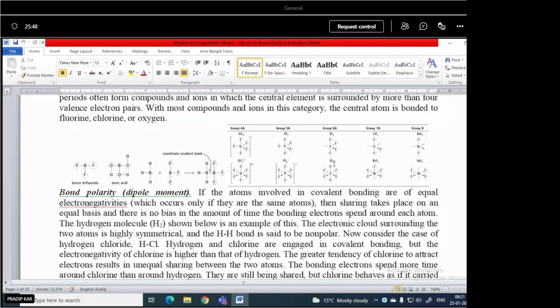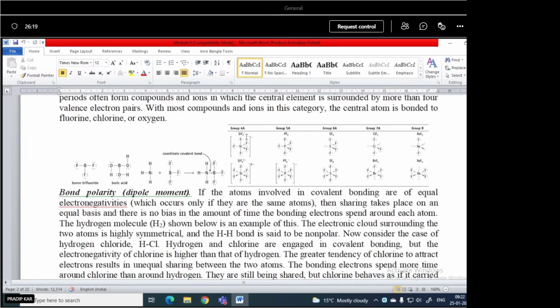In case of another compound, if you see this is SiF5 minus, here you can see the number of electrons is more than the octet, or 8. Here you can see the 5 fluorine atoms are bonded with the silicon. So 10 electrons are present. Is it clear?